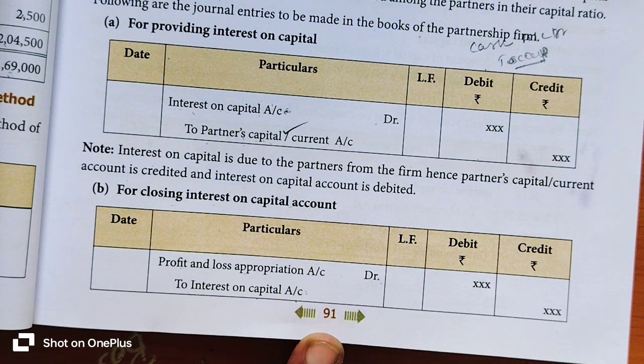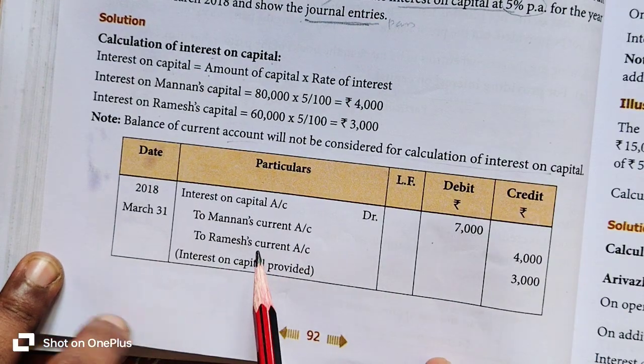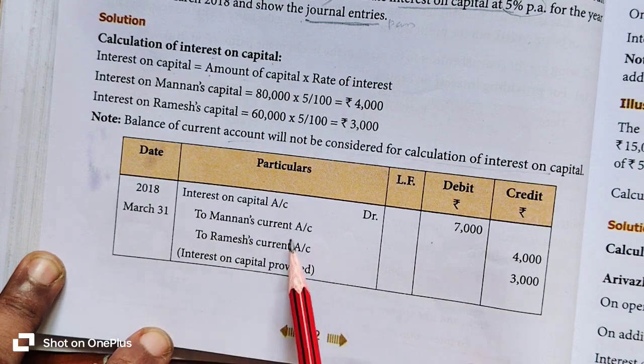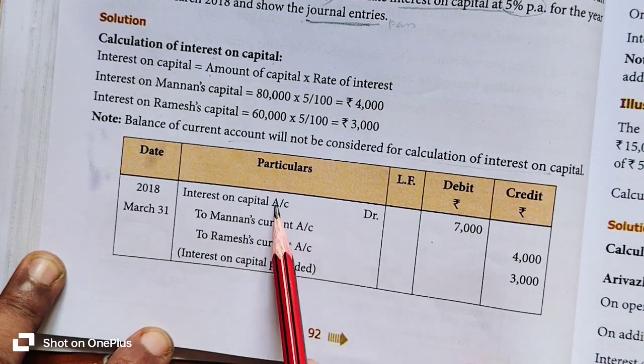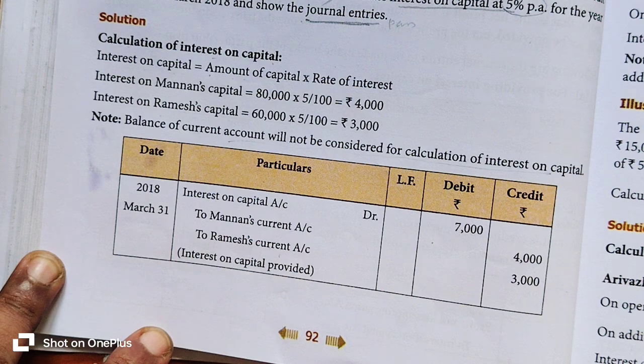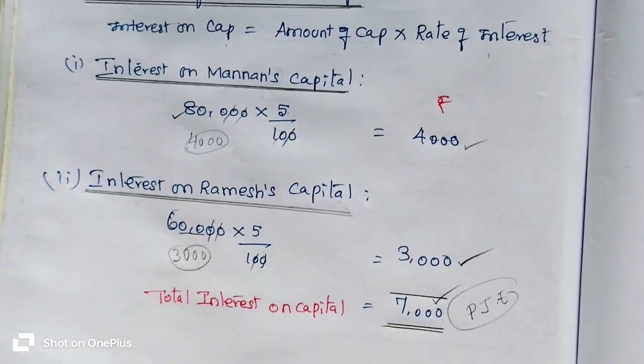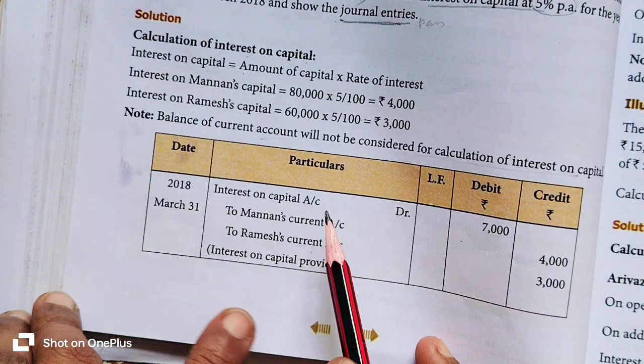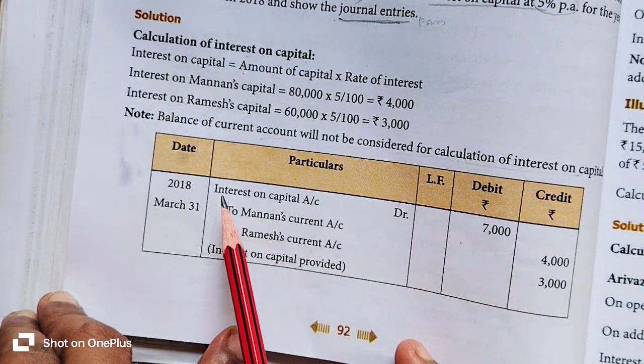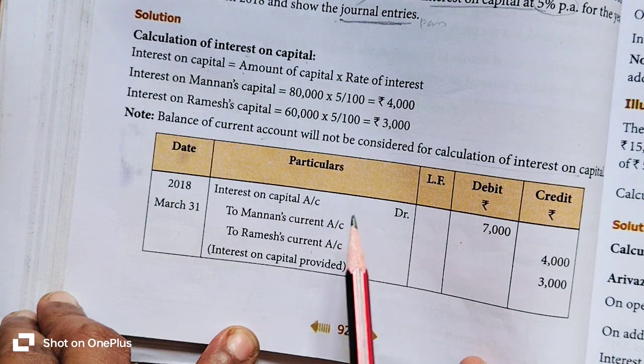Got it? Okay. Now we are going to pass the journal entry for Mannan's and Ramesh's interest on capital. The total interest on capital is 7,000 rupees. So where is interest on capital? As per the format, interest on capital is on the debit side.